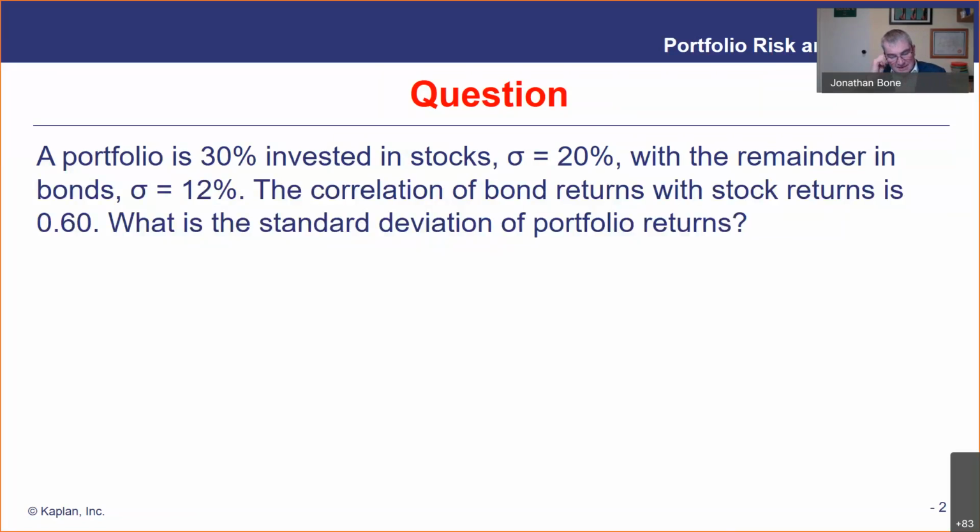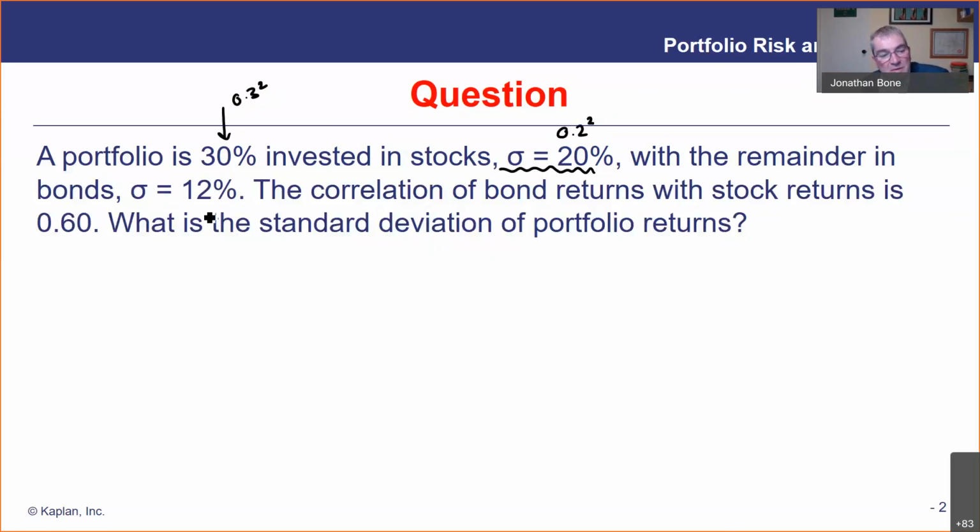Okay, so that's probably enough time on that. So we've got 2 risky assets here, stocks and bonds, and we want to calculate the standard deviation of the portfolio. So we're going to need to take the variance, but notice we've been given standard deviation. So in our computation, we're going to need to use 0.2 squared, and of course, we use the squared weighting as well, so that's going to be 0.3 squared.